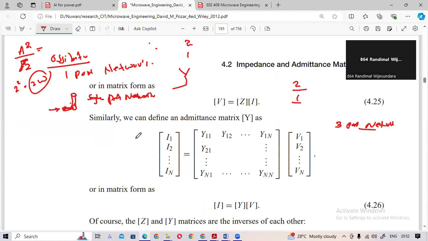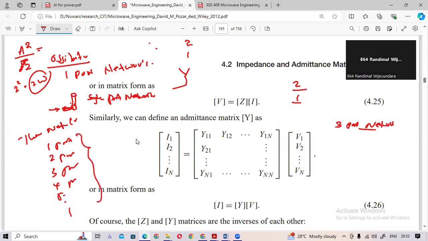Very importantly, you should understand that there are networks or circuits with 1 port, 2 port, 3 port, 4 port, 5 port, likewise. So there are circuits with different numbers of ports.